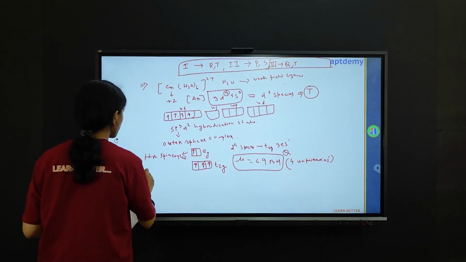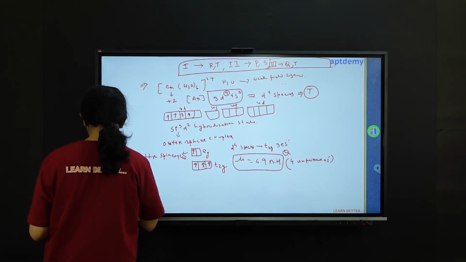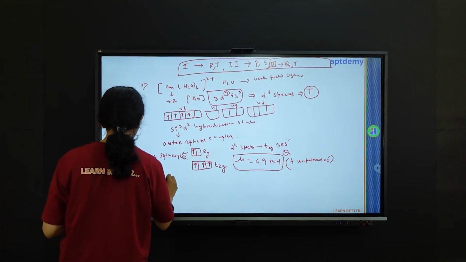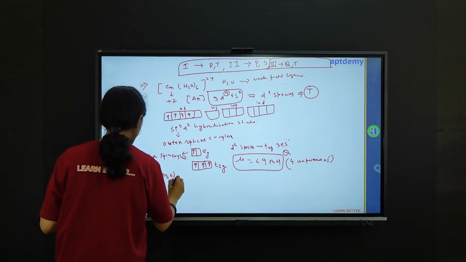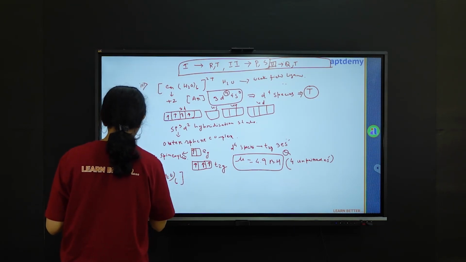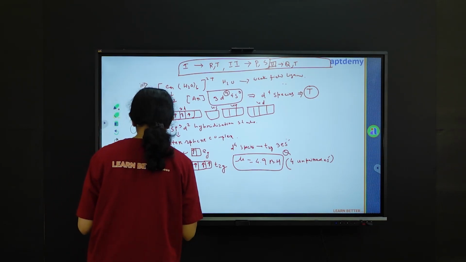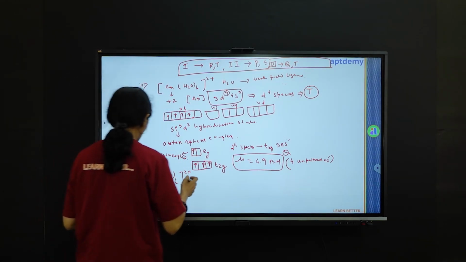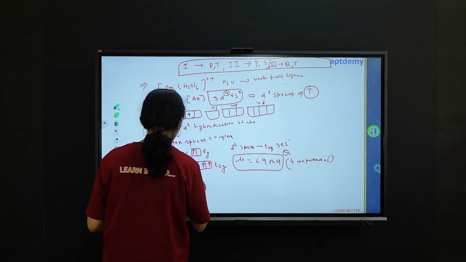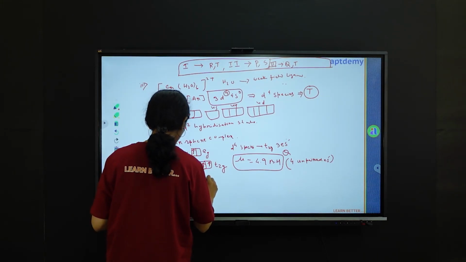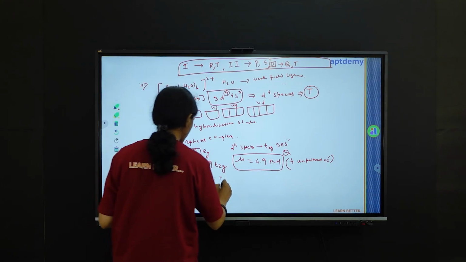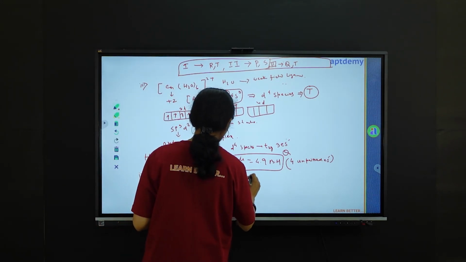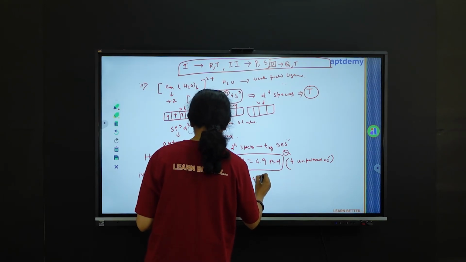Now we will move to the final one, that is Fe(H2O)6 2+, right? This is the complex ion which has been given in number 4. Here the oxidation number of Fe is +2 and the electronic configuration, if you check, is argon 3d6 4s0.